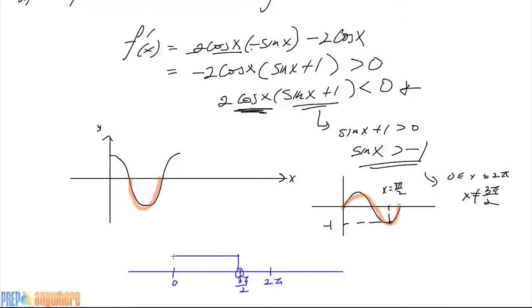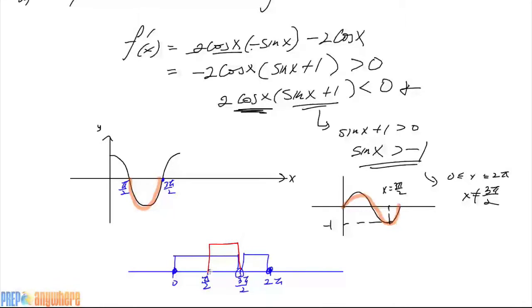Here's my picture, number line. Here, to be negative, it's only from pi over 2 to 3 pi over 2. So here's pi over 2. So we're talking about this, right? What's overlapping between the two regions?